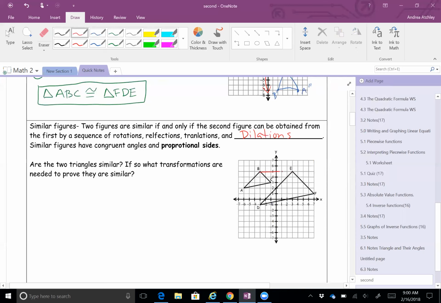So we want B on E. So this is also B prime. And then I'd have to move C also over 6. 1, 2, 3, 4, 5, 6. And this is now C prime. And then move A over 1, 2, 3, 4, 5, 6. This is A prime.